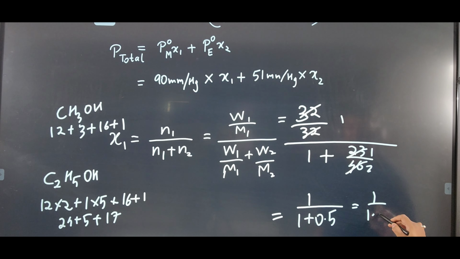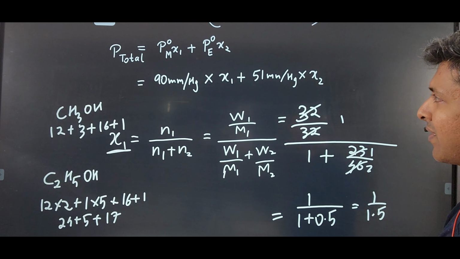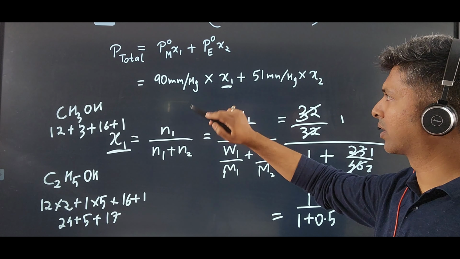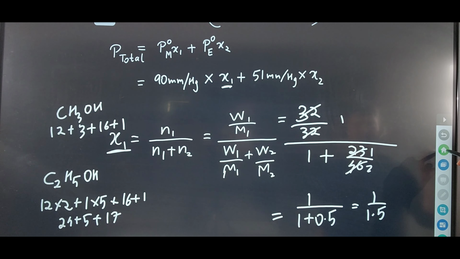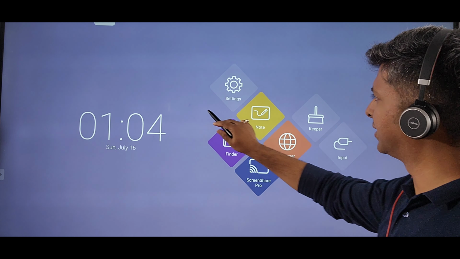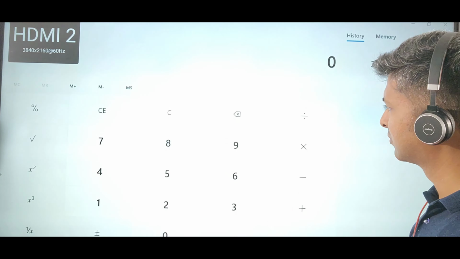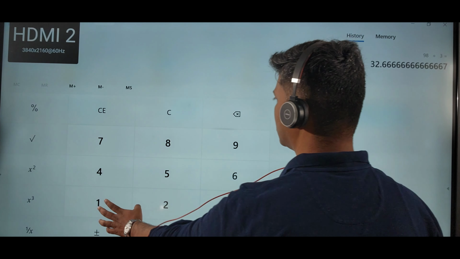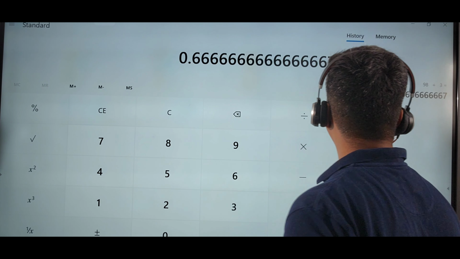So 1 upon 1.5 is the mole fraction of methanol. We also have to find the mole fraction of ethanol. Let me quickly do 1 divided by 1.5 on the calculator.